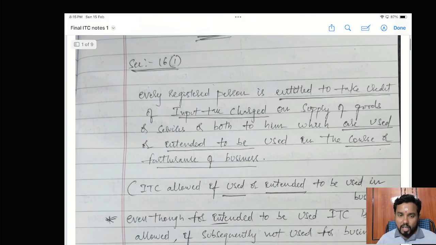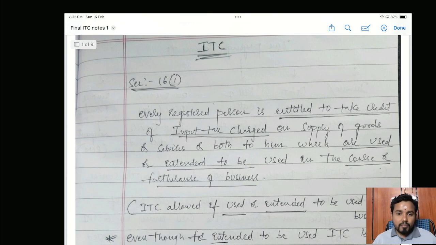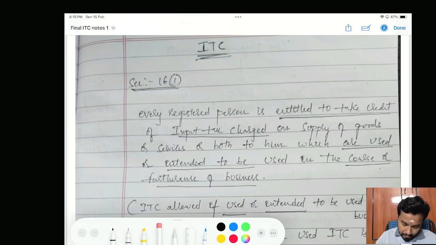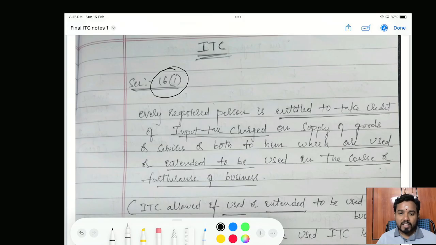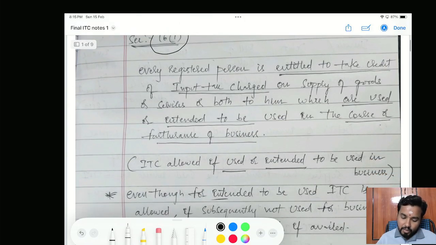Right. First one, the input tax credit chapter starts with section 16 of the CGST Act. In section 16 subsection 1, what is it saying?